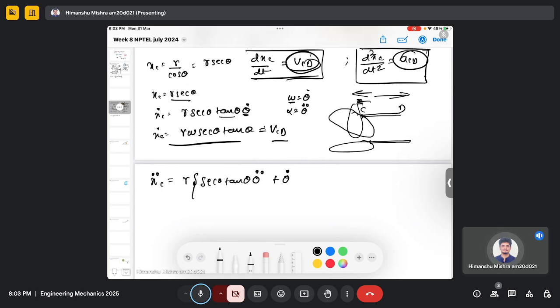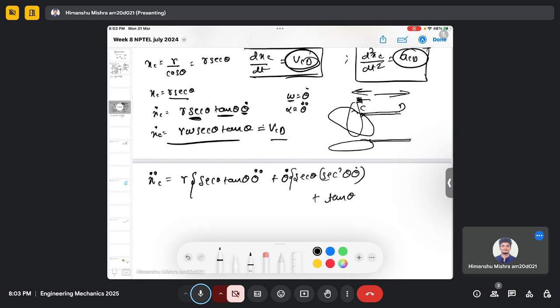Now I am taking the time derivative of tan theta, so it will be sec theta sec square theta theta dot, plus, now I will take the time derivative of sec theta, so it will be tan theta sec theta tan theta theta dot.